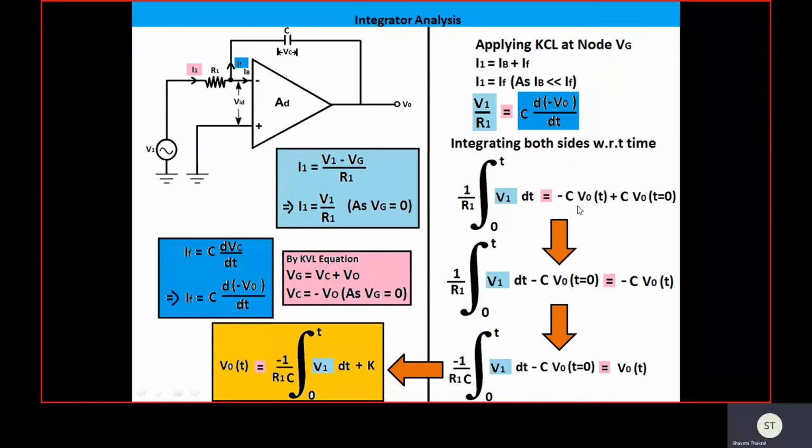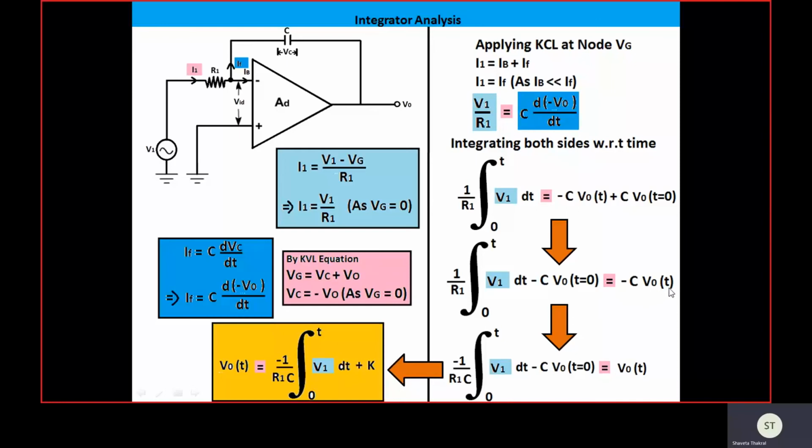So we get minus C V naught t plus C V naught at t is equal to 0. And we are taking this parameter at t is equal to 0 on the left side, because we need to calculate output voltage. So this becomes minus C V naught at t is equal to 0, that is equal to minus C V naught at time t.